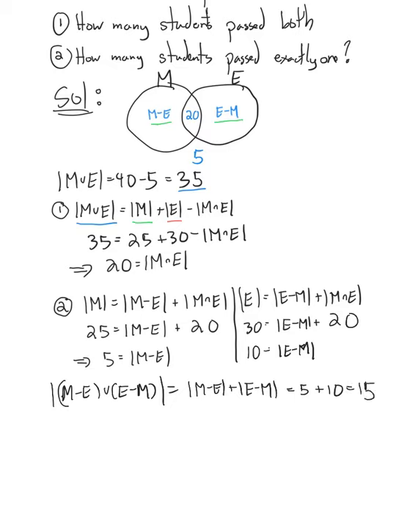And note that I can only use the additive principle here because the sets M minus E and E minus M are disjoint. So I don't need to worry about double counting or anything like that.